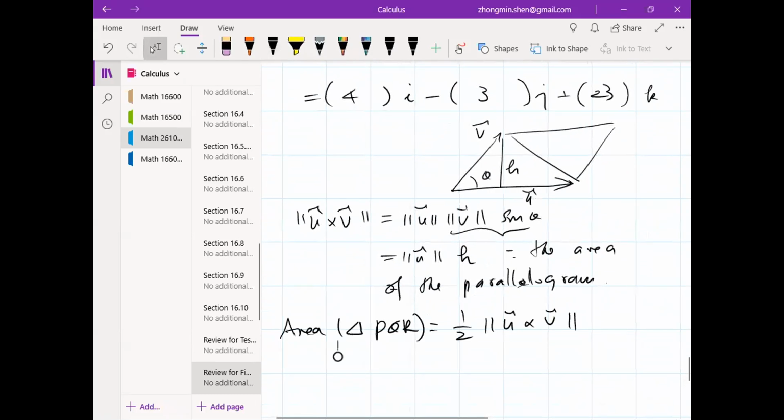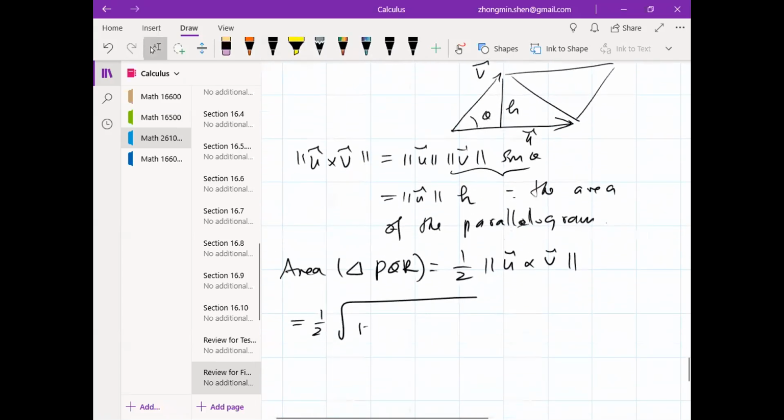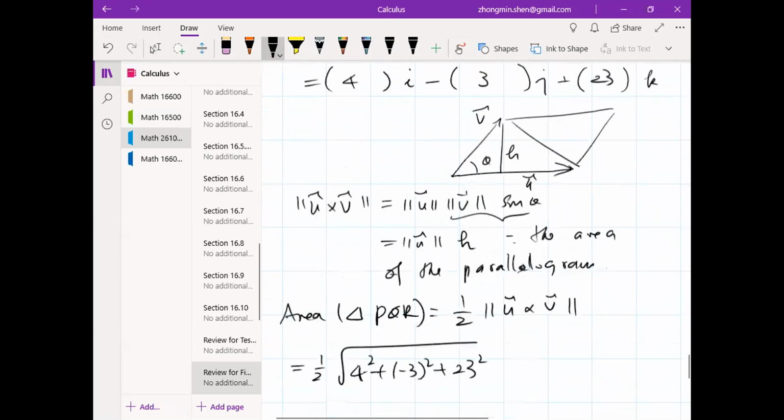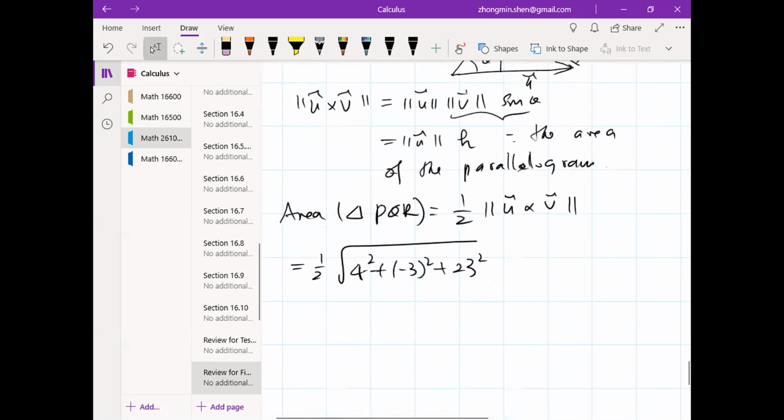So this is going to be 1/2 of the square root of 4 squared plus negative 3 squared plus 23 squared. Yeah, if there are no computation mistakes, this should be the right one.